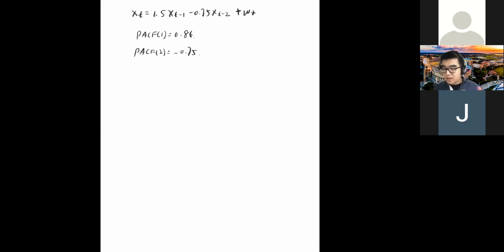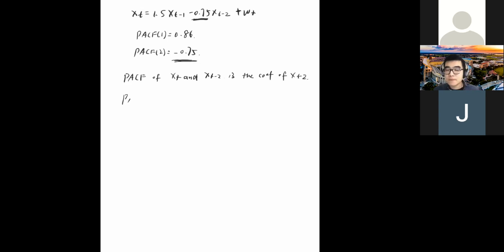If it's a linear model, then the partial autocorrelation of xt and xt minus 2 is just the coefficient of xt minus 2, right? You can see that the PACF we calculate from the data is negative 0.75, and the coefficient in the regression model is also negative 0.75.